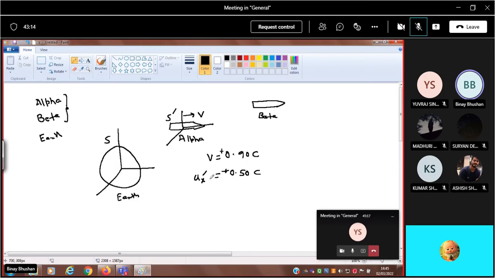And what we have to find? What speed must Beta have with respect to the Earth? What is the speed of Beta with respect to Earth? That means with respect to S. And with respect to S, the velocity of anything is ux in terms of our notation. Is it clear?